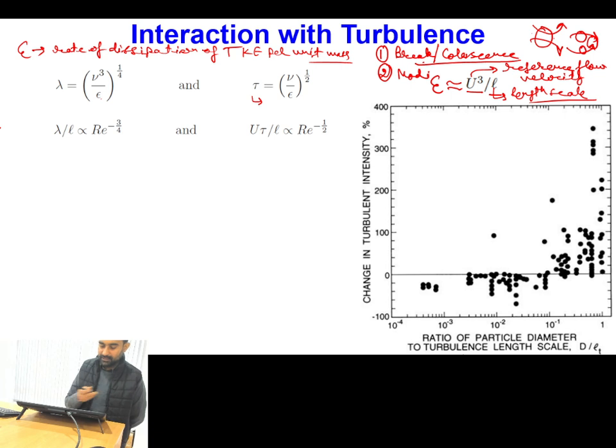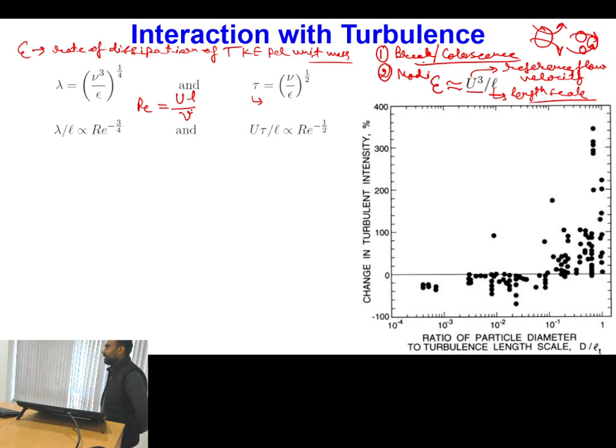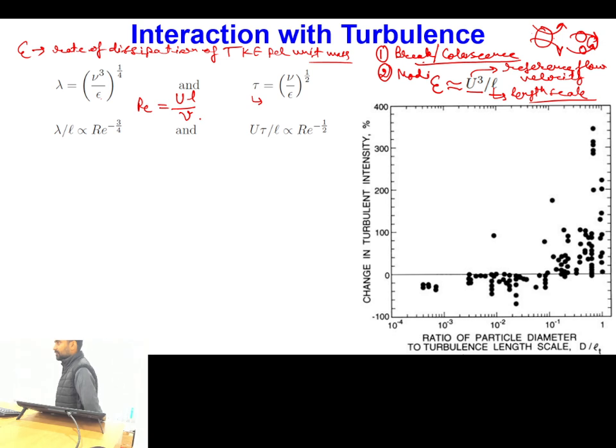Now I can use Reynolds number as UL by nu. Okay. So if u is my velocity, L is length scale and nu is the kinematic viscosity, then Reynolds number can be defined like this.